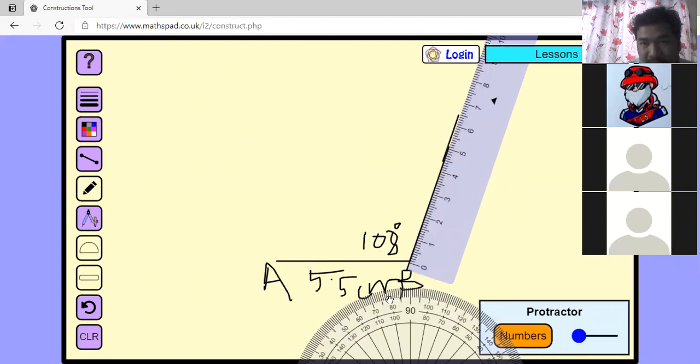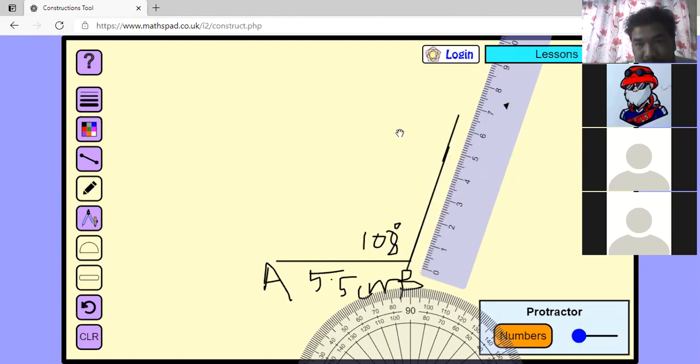Where is 5.5? Is this 5.5 or not? Now here we have to put the point. Here was 5.5. And now at this point we can join these lines. This is the 5.5 point.